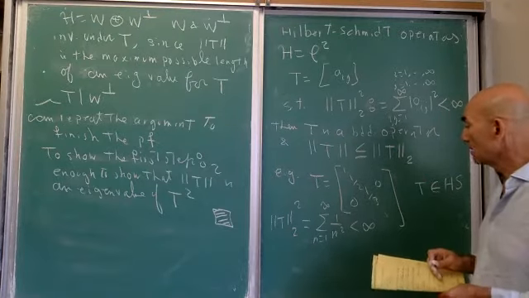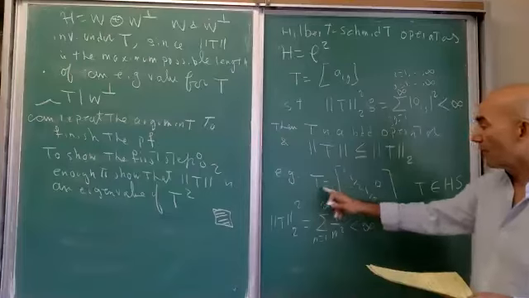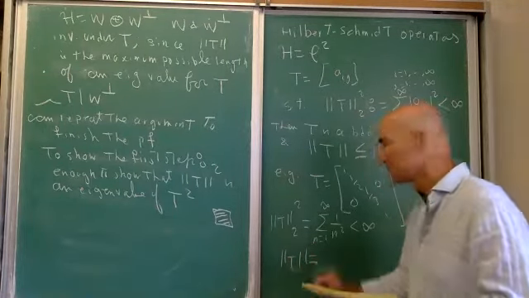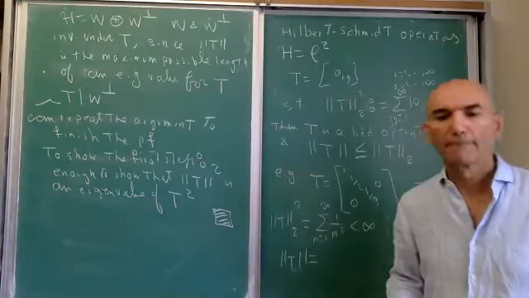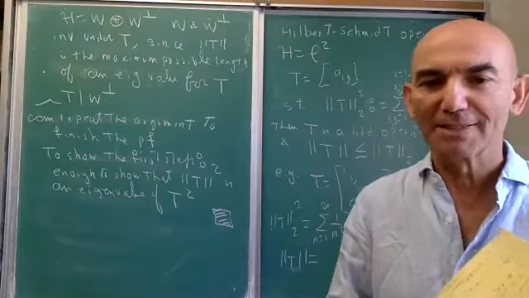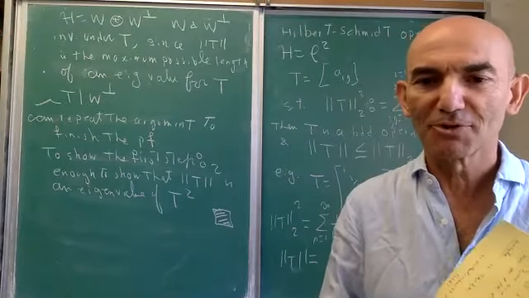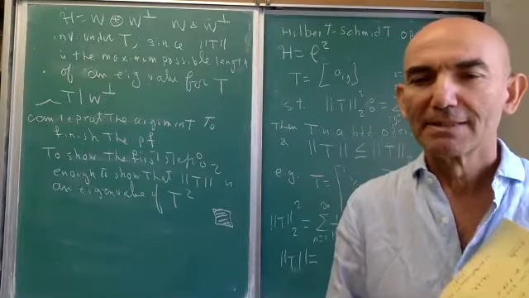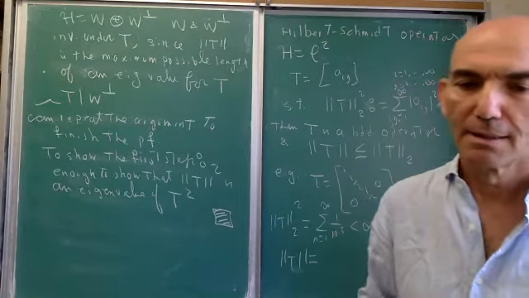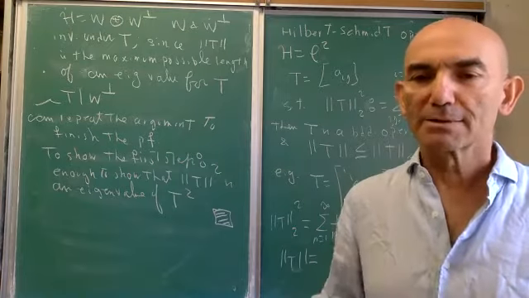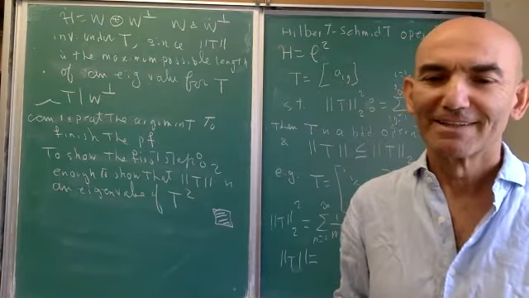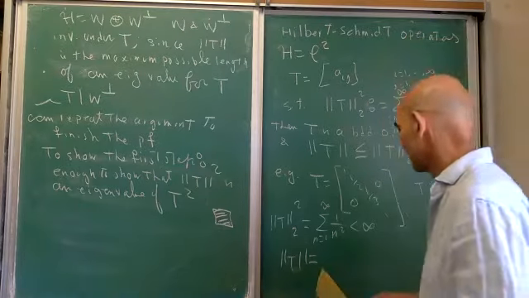And can you tell me what is the operator norm of T? For those who are fresh on functional analysis, who just took a functional analysis course, it doesn't matter, just have a guess, that's okay. 1. It's 1, yes.